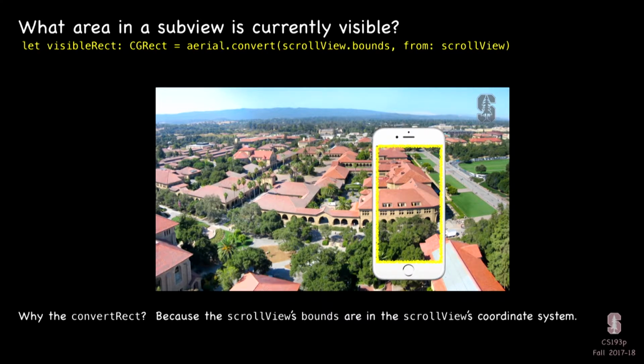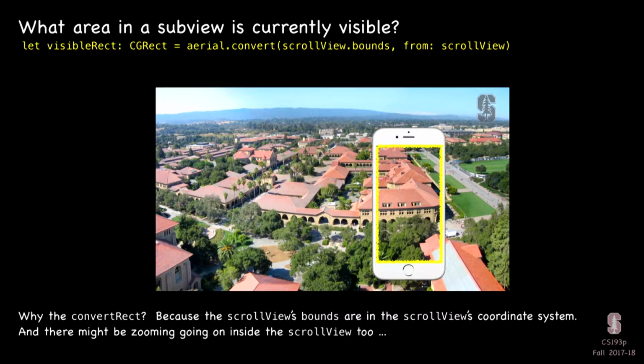And if you're zoomed, you're probably much more interested in what is the rectangle in the content area coordinate system that I'm looking at. Because maybe I'm zoomed way in on one of the windows there in the quad, and I want to know that window. Well, that's going to be a very small rectangle, that window, because I'm zoomed way in on it. And the way we do that is using the same methods that you might have used in your assignment, which is UIView's methods, convert from and convert to points and rectangles.